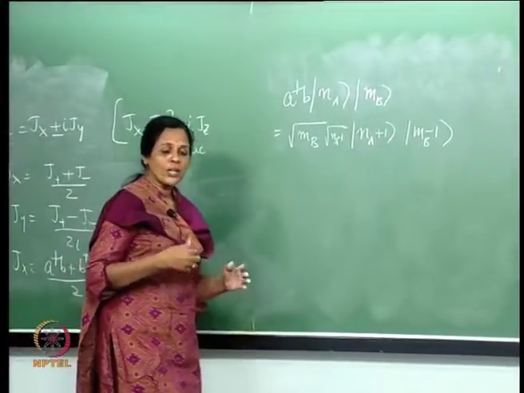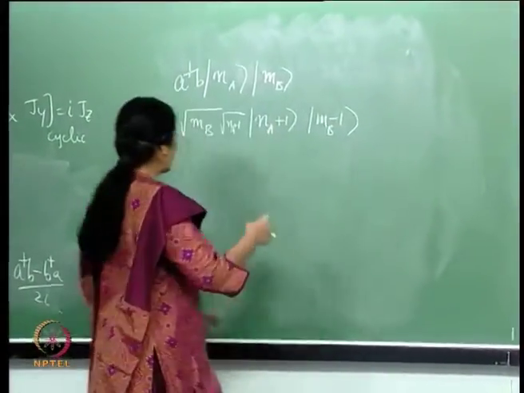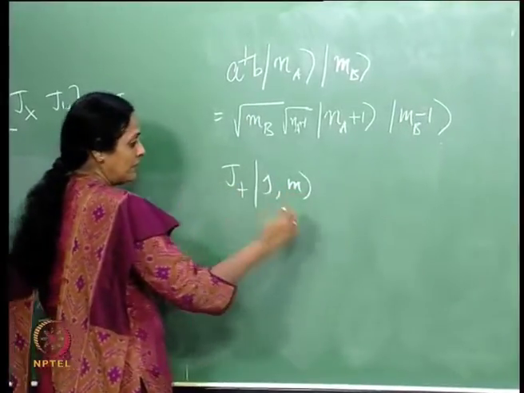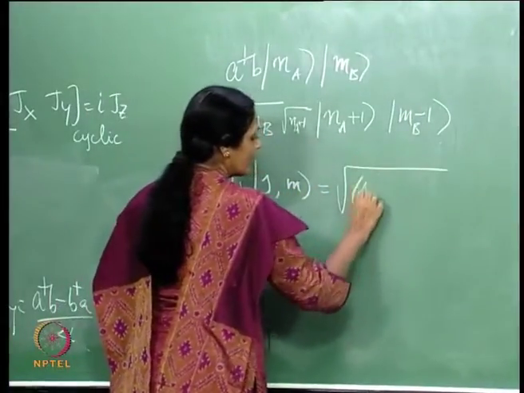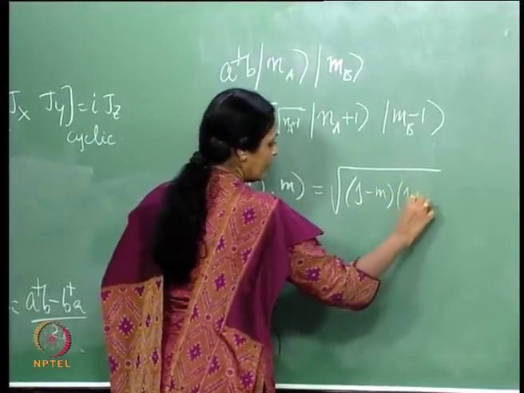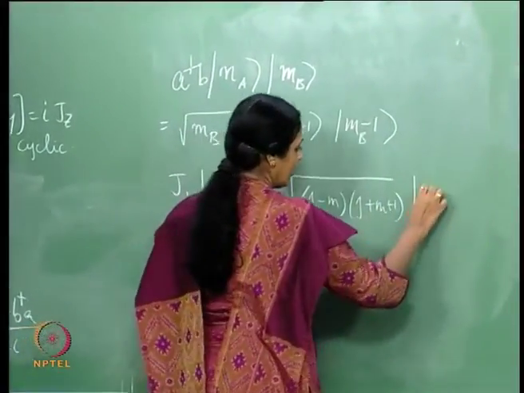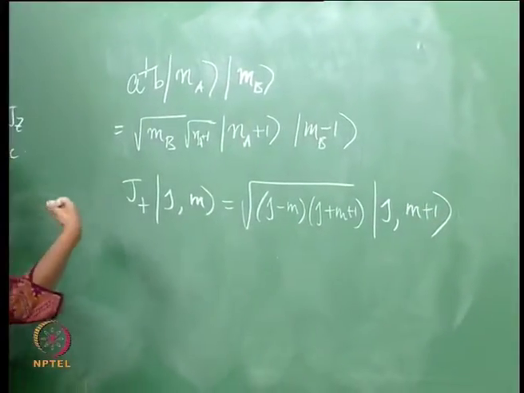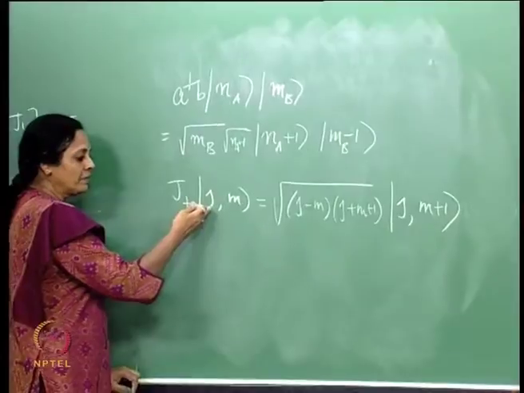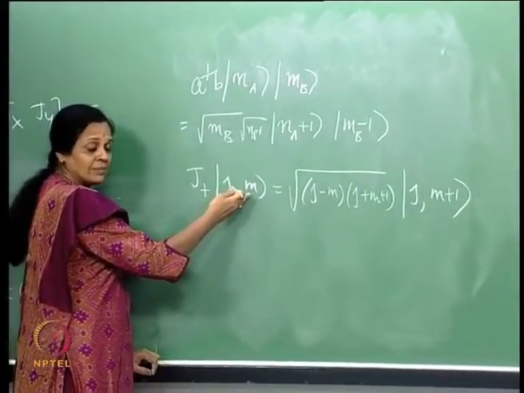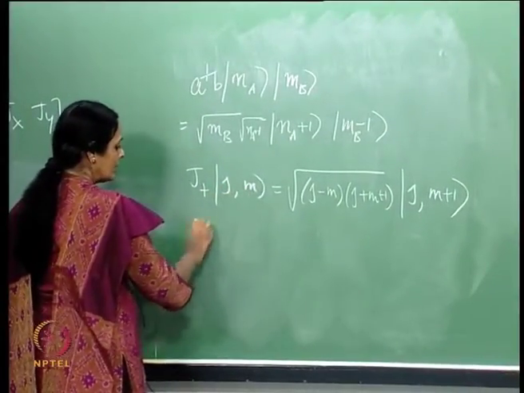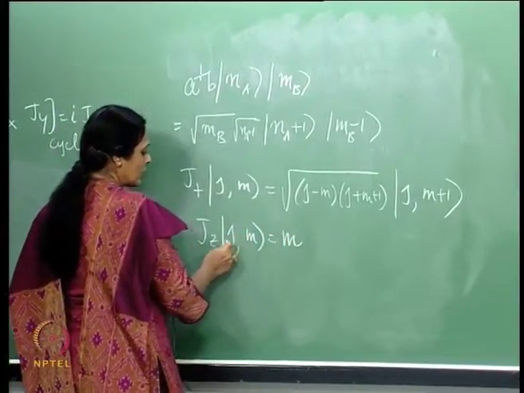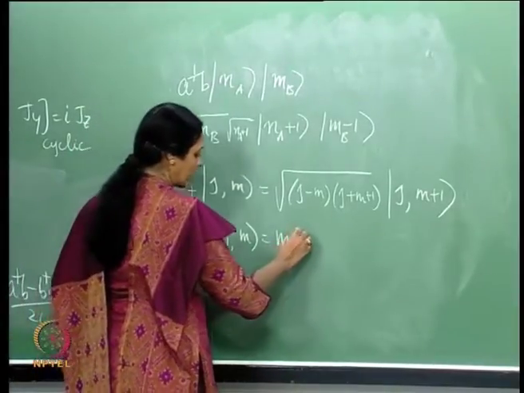But I know that when J plus acts on the state J comma M of the composite system, I should get root of J minus M times J plus M plus 1 times J comma M plus 1. So, I would like to now identify little j. I know little m. Little m is clearly the eigenvalue corresponding to the state j comma m, corresponding to the operator Jz.